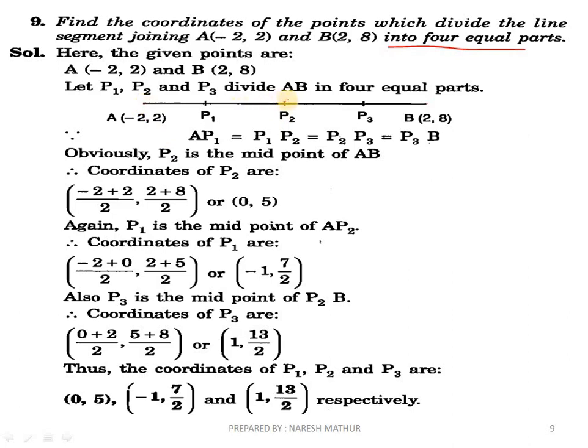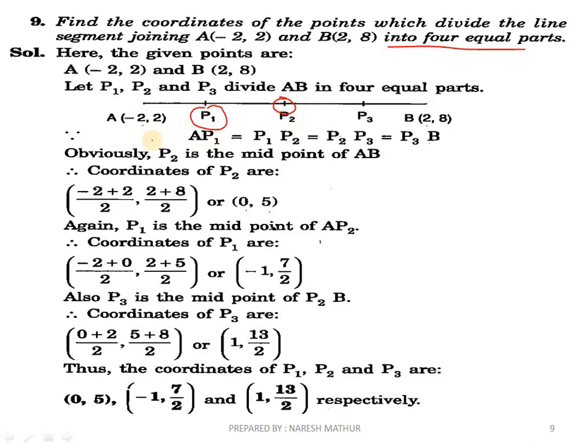See, the point P2 will be the midpoint of AB. So just see, -2 plus 2 is 0, 0 by 2 is 0, and 2 plus 8 is 10, 10 by 2 will be 5. So we can get the coordinates of point P2 directly. Now P1 will be what? The midpoint of A and P2.